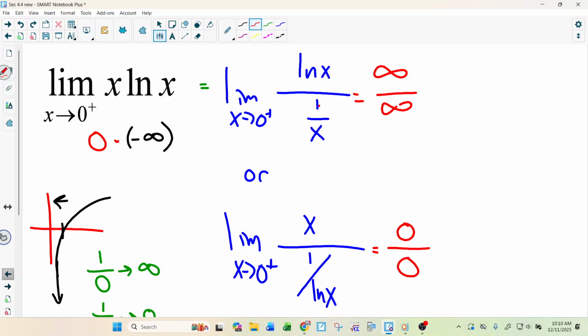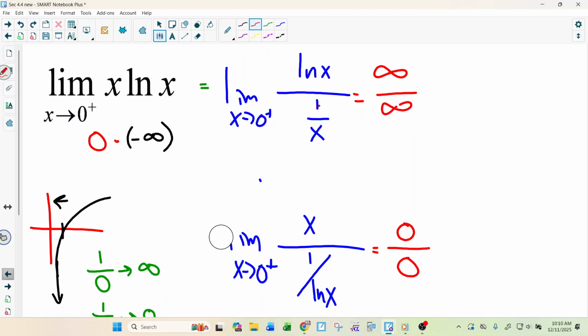So I now can do L'Hopital's rule. But here's the question. If you're going to take the derivative, which looks easier to take the derivative of, the top one or the bottom one? The top. The big thing on the bottom is we'd have to deal with 1 over natural log, right? That's not something we want to tackle.